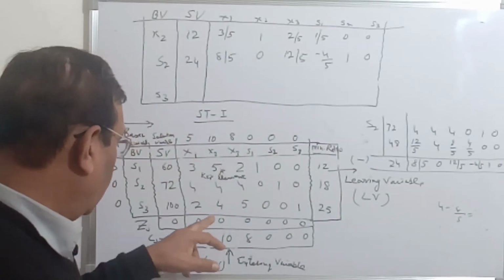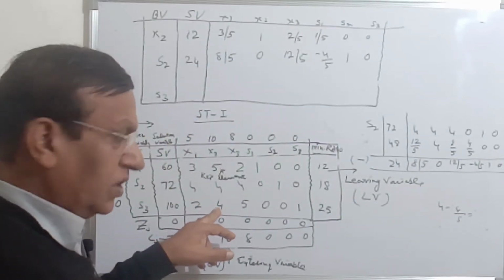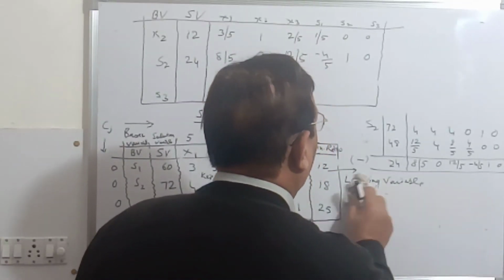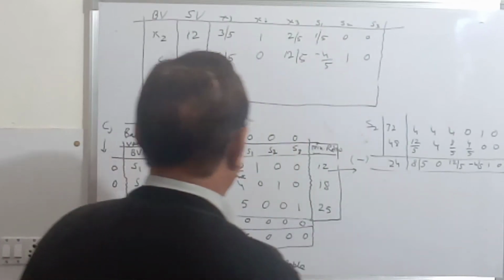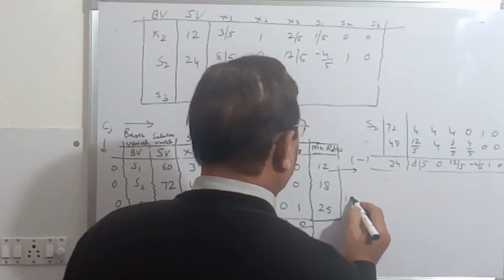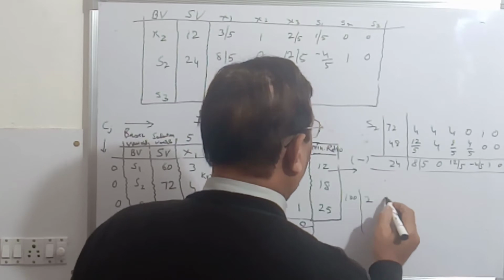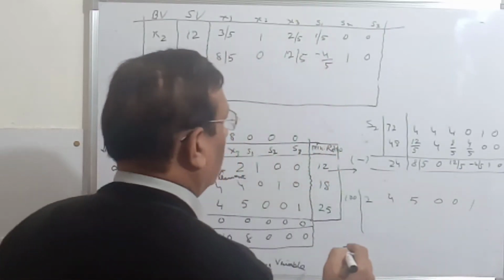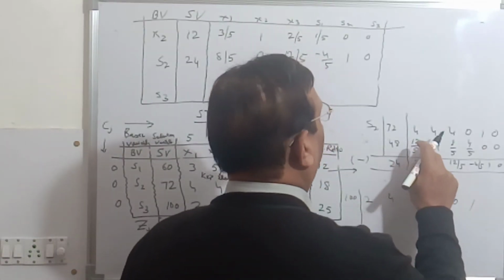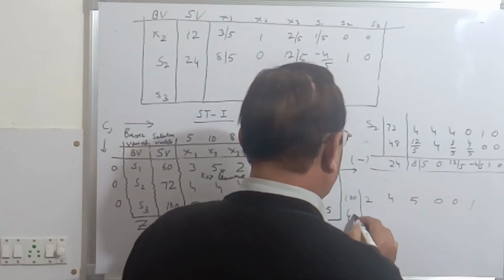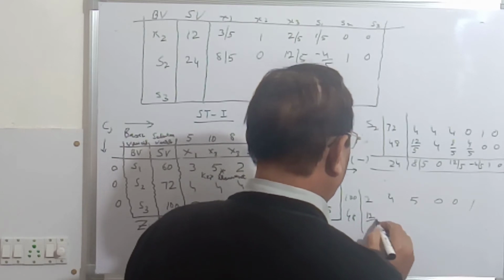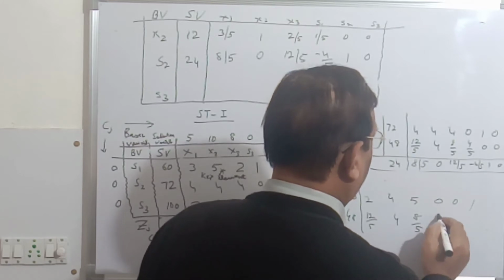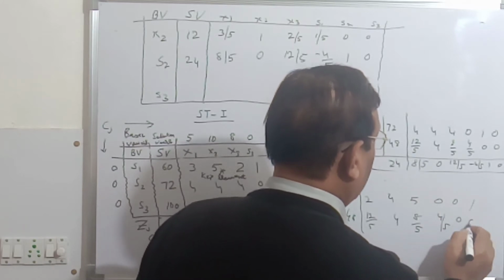Now S3 here, again we want 0. Now we have to write down this row. This is 100, 2, 4, 5, 0, 0, 1. Now this is the same here: 48, 12 by 5, 4, 8 by 5, 4 by 5, 0, 0.